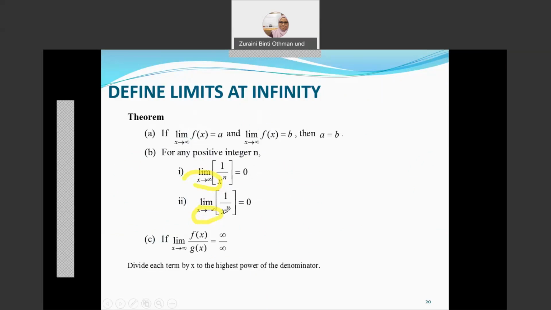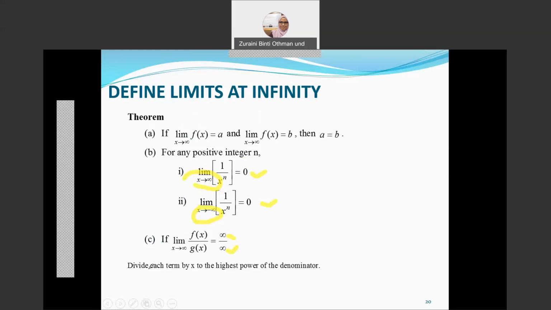Maksudnya bila x tu semakin besar, bila satu per nilai x yang makin besar, kita tahu nilai dia akan menghampiri kosong. Boleh uji, masukkan nilai x yang makin besar kat bawah ni dia akan menghampiri kosong.